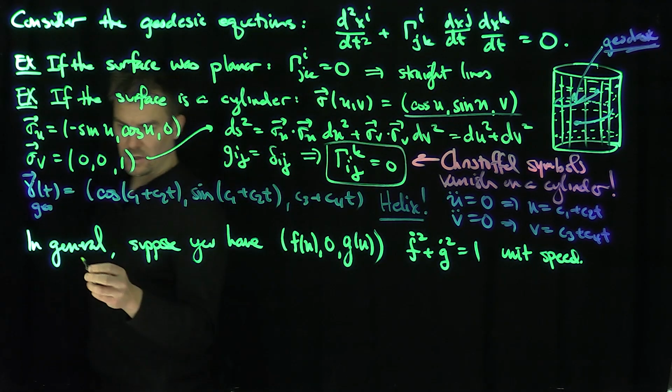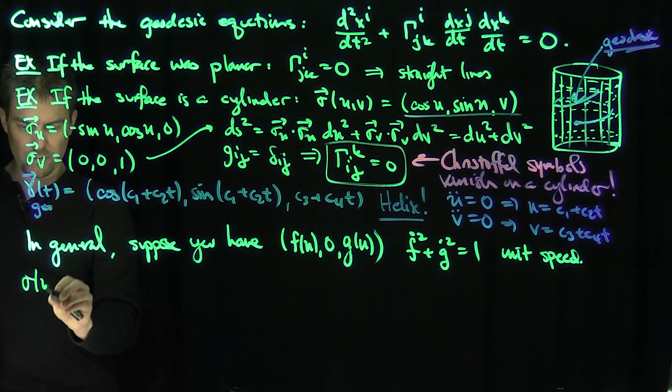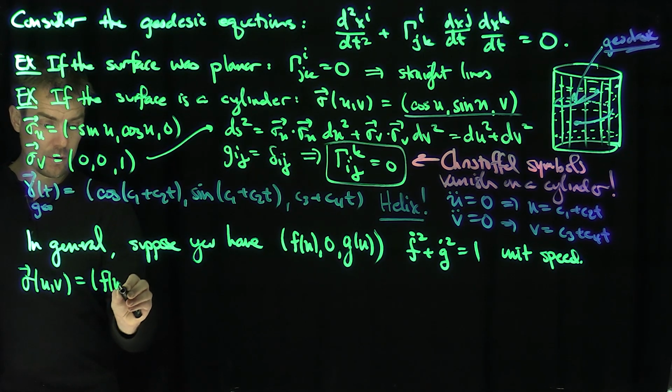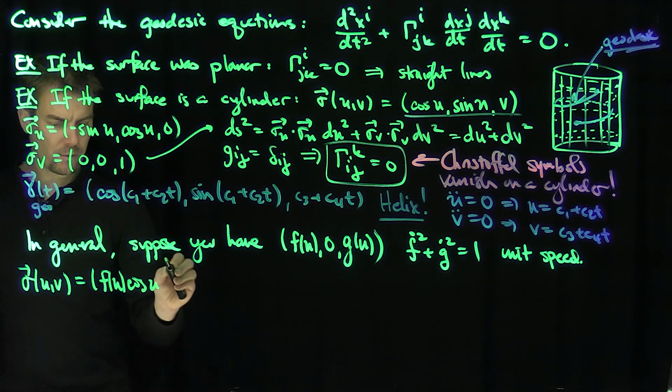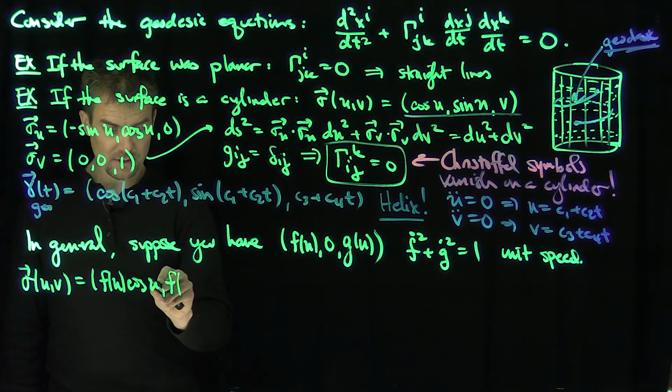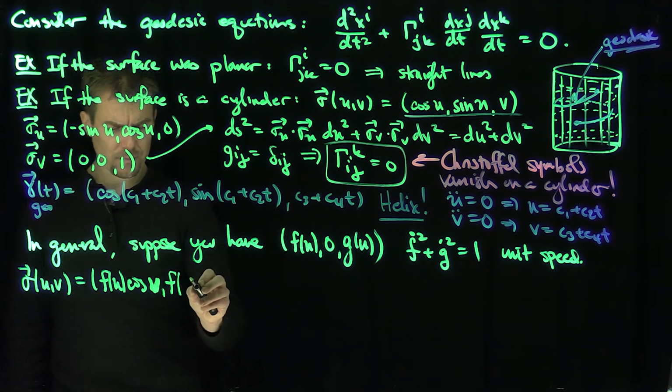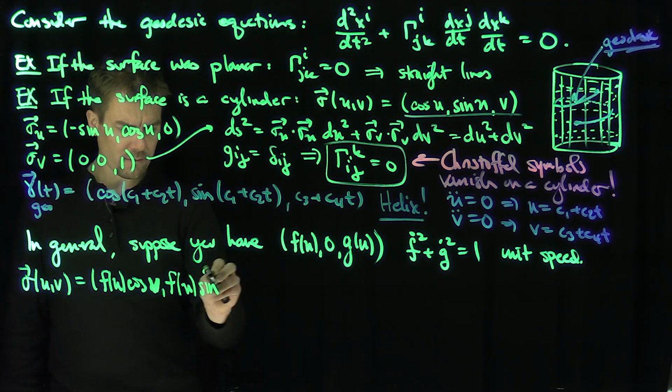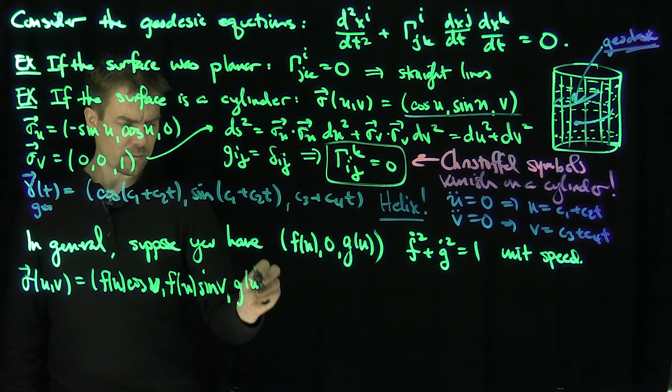And then we can parameterize the surface. The surface is going to be sigma of u and v, which is f of u cosine of v, f of u sine v, and then g of u.